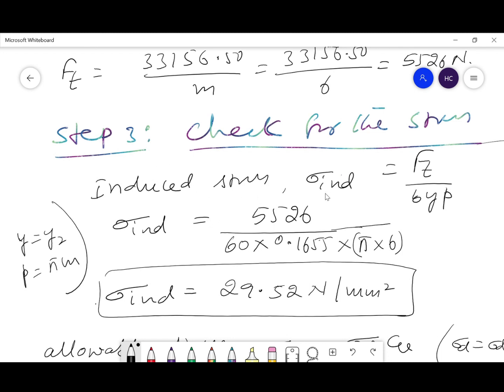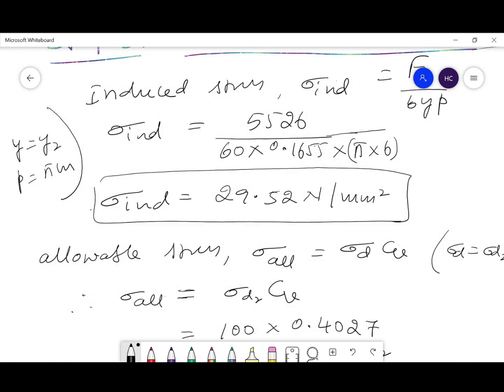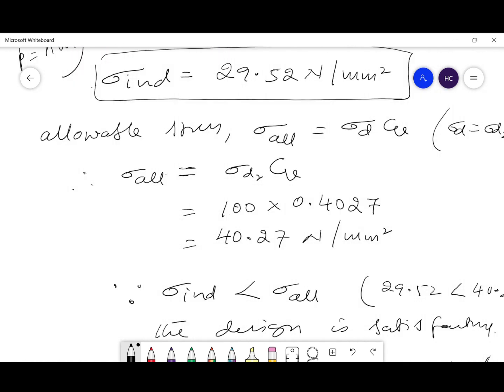The induced stress sigma induced is given by Ft divided by B into Y into P. B is the face width, that is 60 mm, and Y is nothing but Y2 in this case, that is pi Y2, that is 0.1655, and P is nothing but the circular pitch, that is equal to pi into m. We have substituted those values here, and we get sigma induced, that is induced stress, as 29.52 Newton per millimeter square.